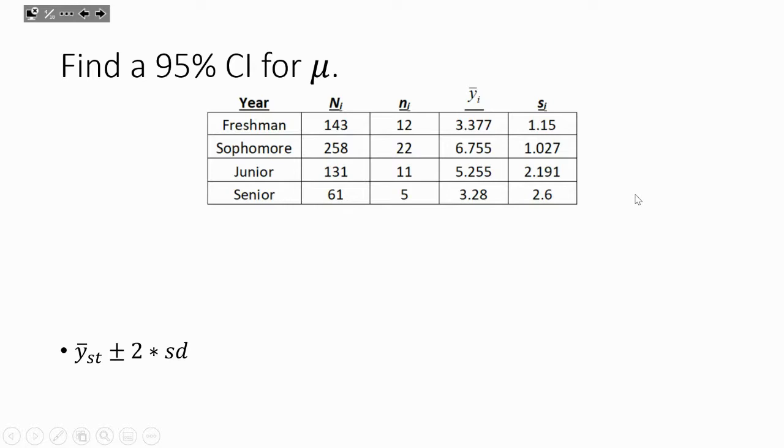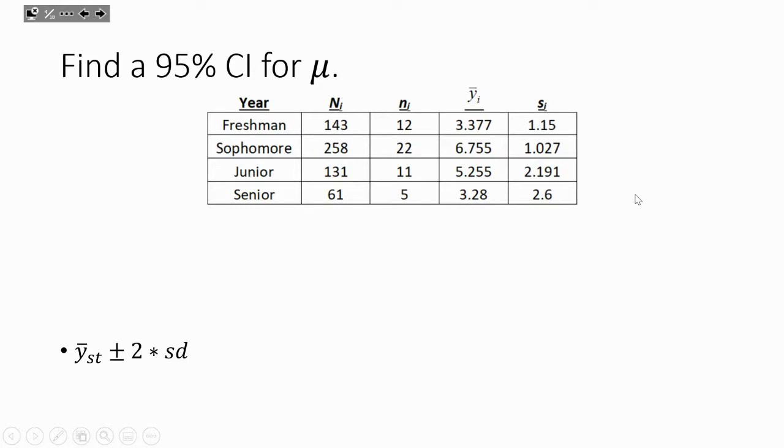How are we going to find the standard deviation? Yeah, so the square root of the variance.